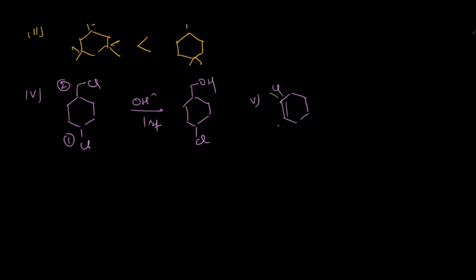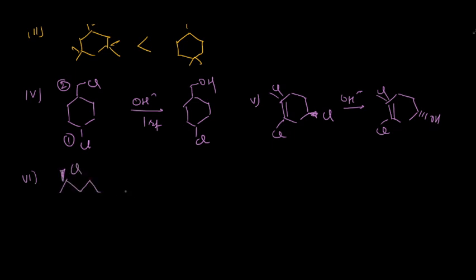We have chlorine here and chlorine here. It could be more than one equivalent, but the replaceable chlorine is only one OH. Sixth, we have chlorine and OH minus, so it will be replaced like this.